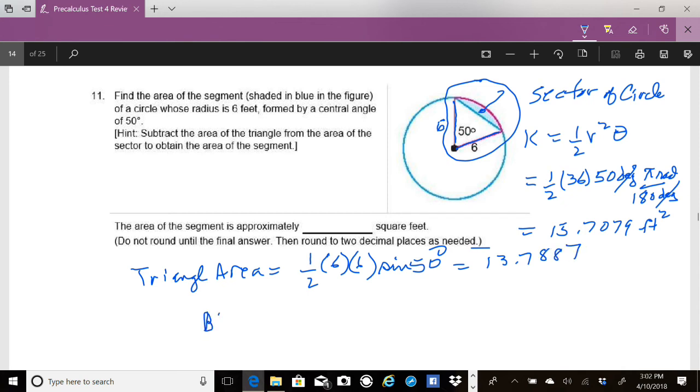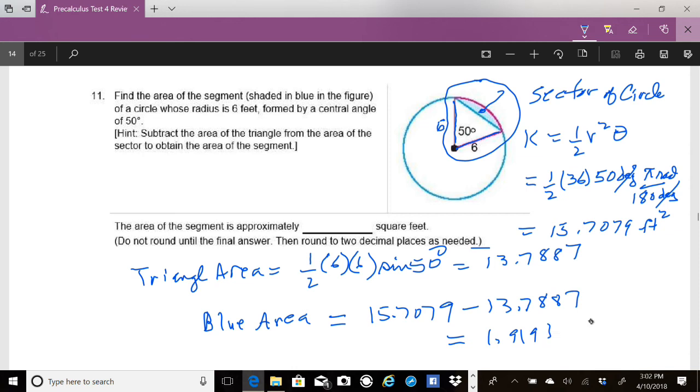So the blue area that we want to find is the entire sector minus the triangle, which is 15.7079 minus 13.7887, equals about 1.9191, which I would round to 1.92 square feet. So that's the answer.